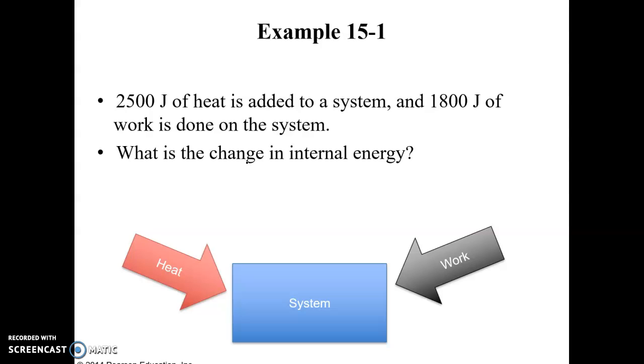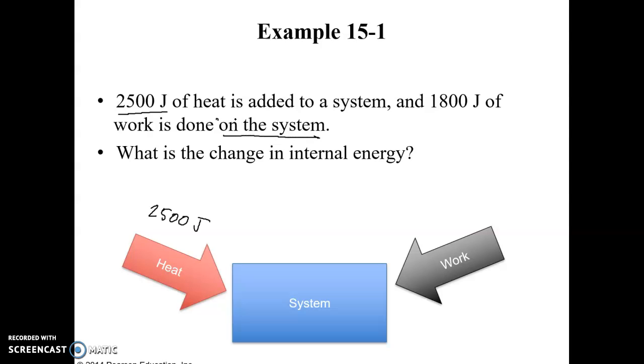So if we look at this first example, 15.1, this is a little bit of a trick question here, because it says if 2,500 joules of heat is added into a system. So we've got 2,500 joules of heat going in to this system, and 1,800 joules of work done on the system.